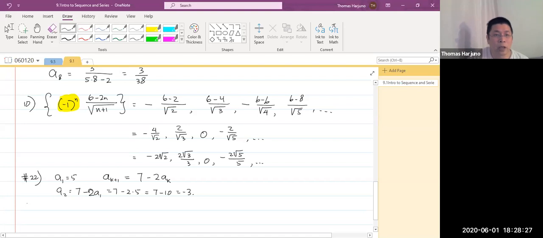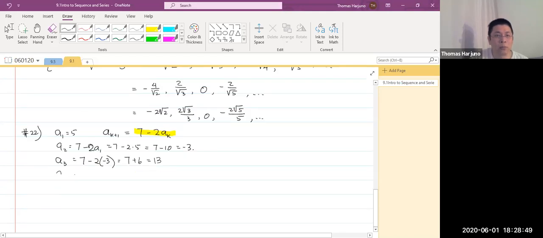Now the third term will be using that formula again, 7 minus 2 times the previous term, 7 minus 2 times negative 3. 7 plus 6, that's 13. And the fourth term, 7 minus 2 times the previous term. 7 minus 26, that's negative 19.